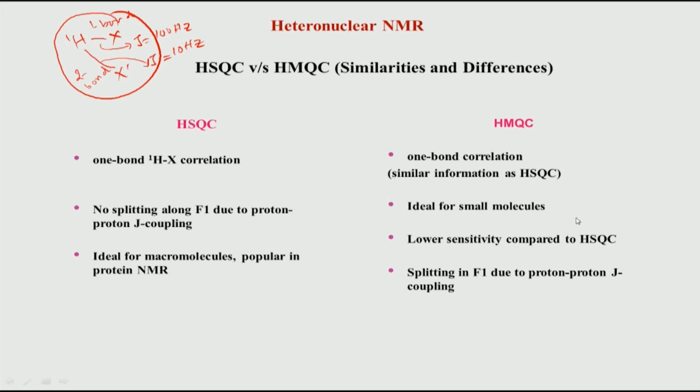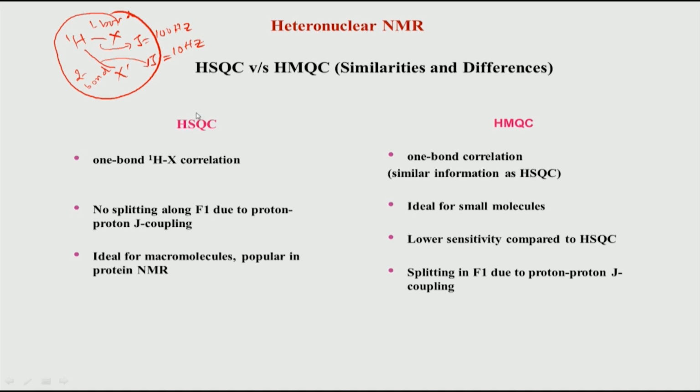There is another reason why sensitivity is bad for HMQC. As far as overall sensitivity, if you give a rank, HMQC comes second to HSQC, because number 1 is the splitting problem, number 2 is the relaxation problem. Multiple quantum coherence relaxes much faster compared to single quantum coherence.